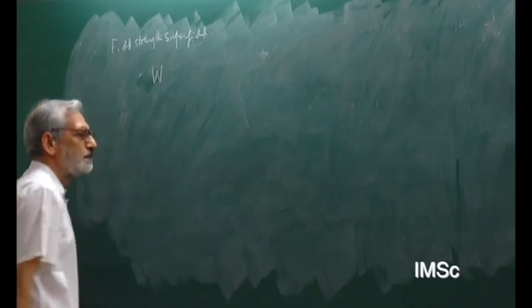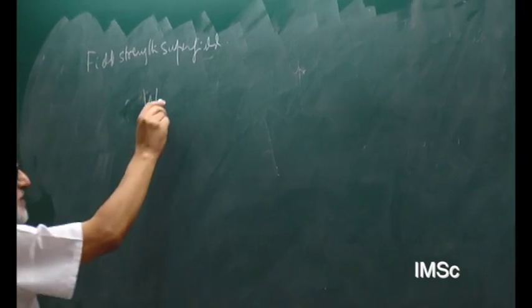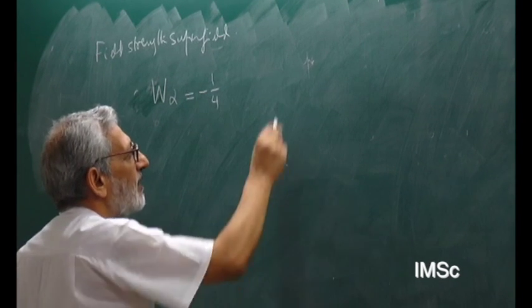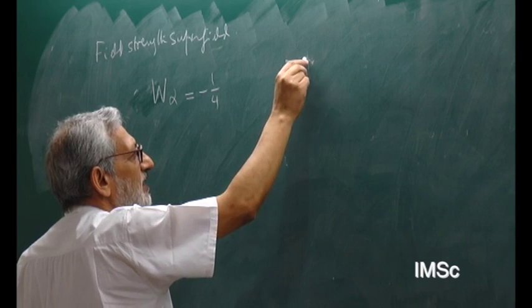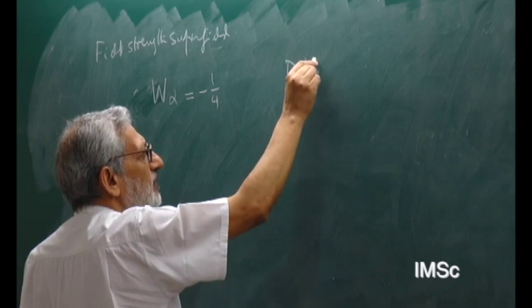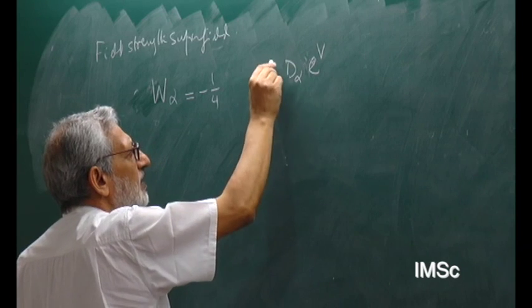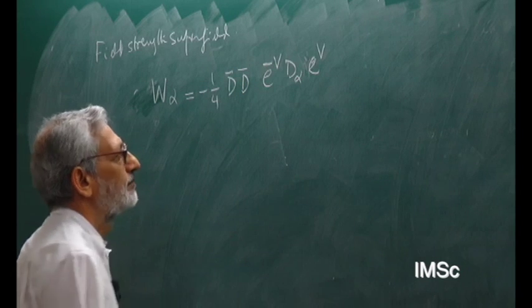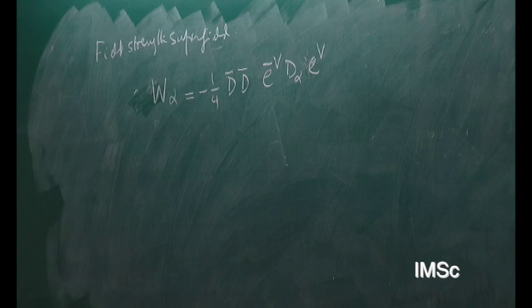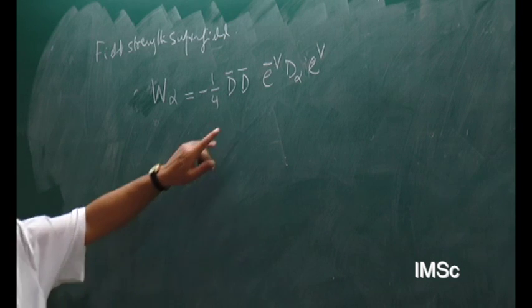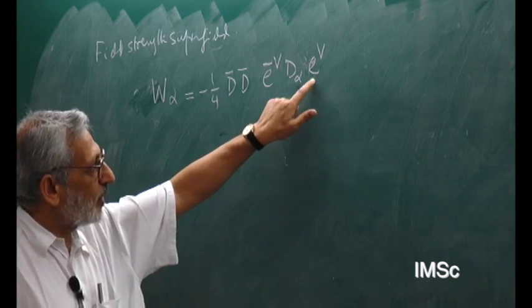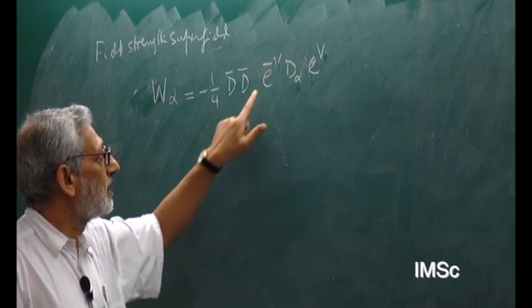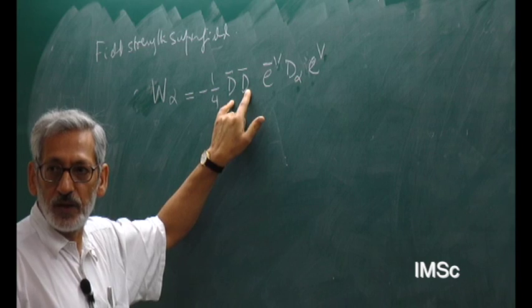W_α equals minus 1/4 D-bar squared of e^{-V} D_α e^{V}: D_α on e^V multiplied by e^{-V}, and take D-bar squared of this.